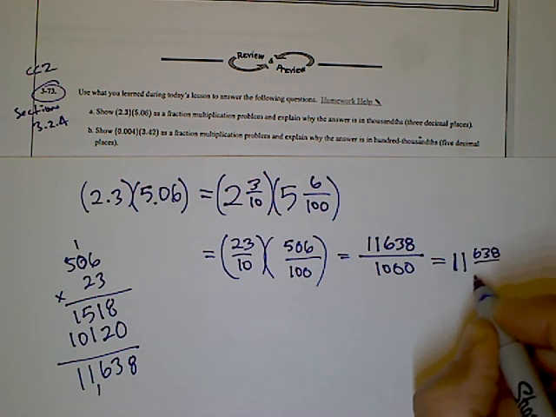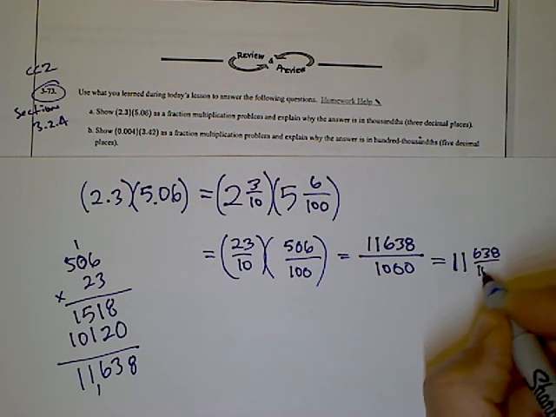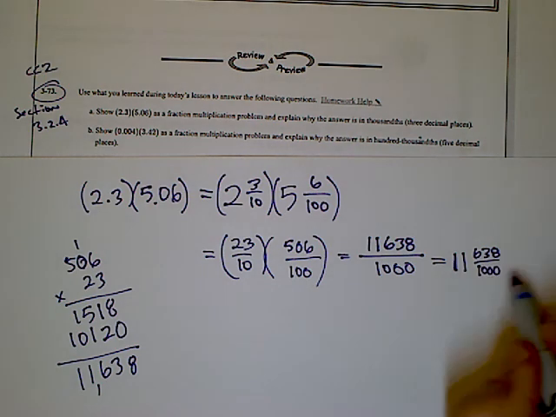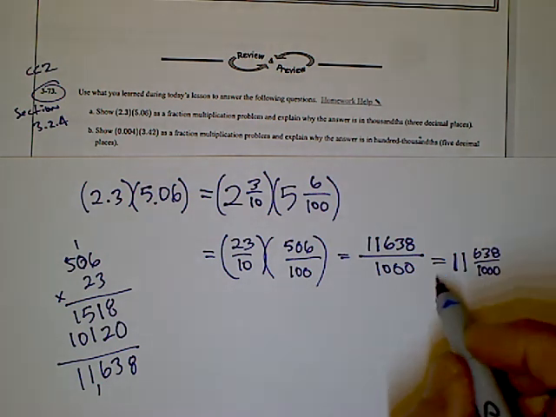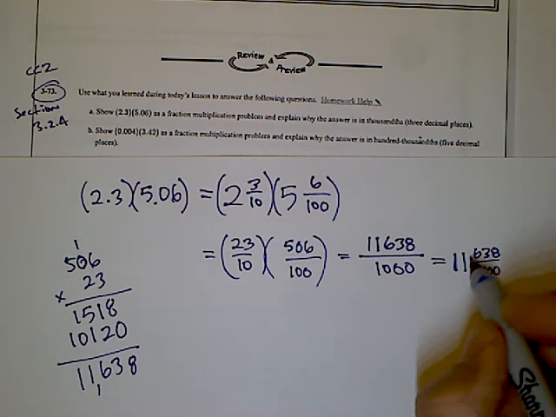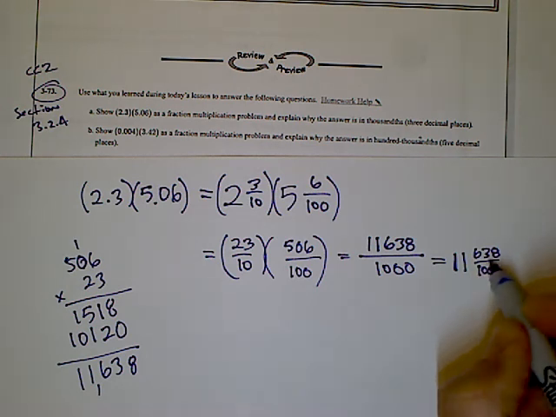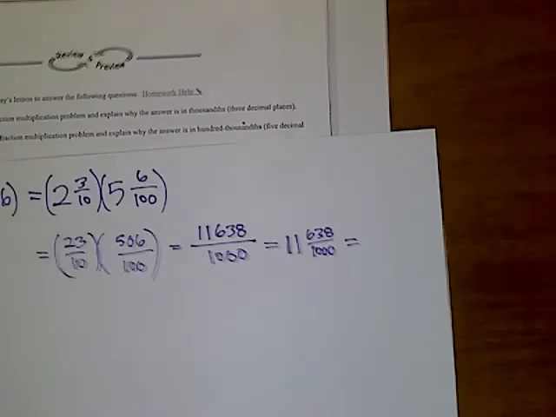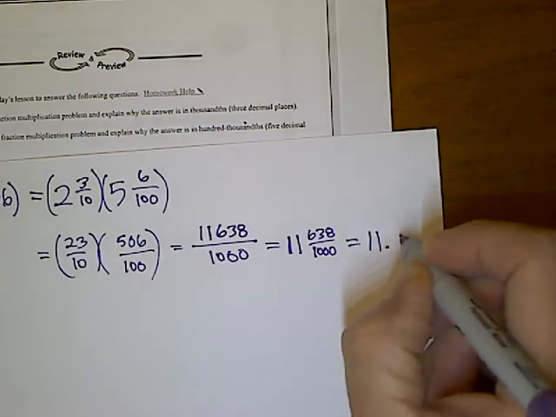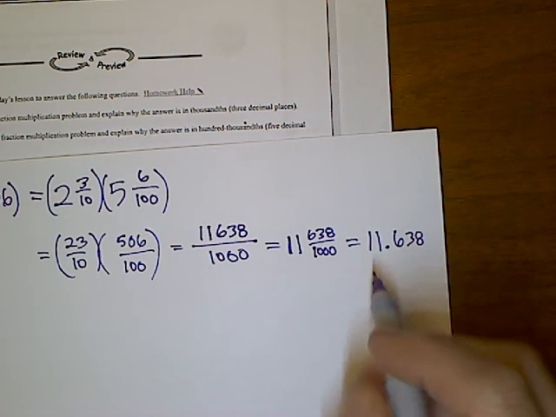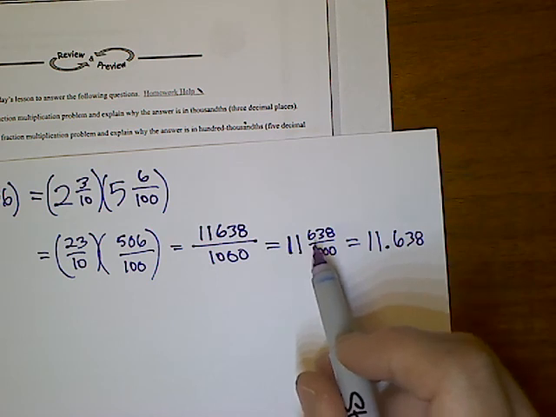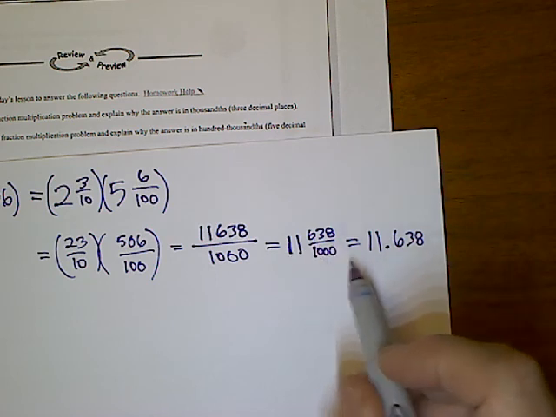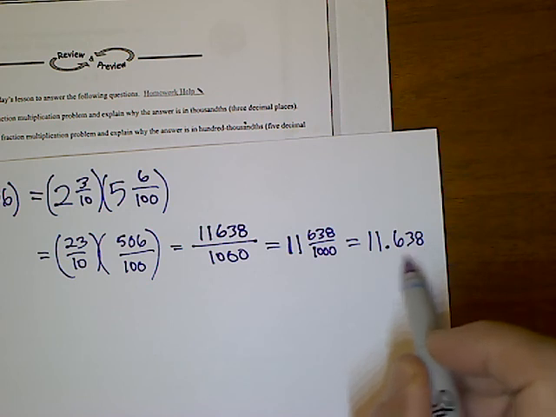This is 11 and 638 over 1,000, the mixed number of this fraction. That's 638 thousandths. So we can rewrite this as a decimal, 11.638, because it's 11 and 638 thousandths. There's the thousandths place. There's my 3 decimals.